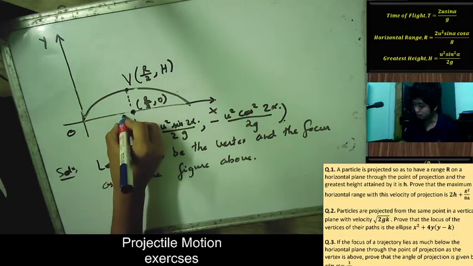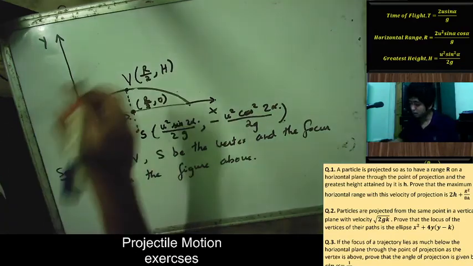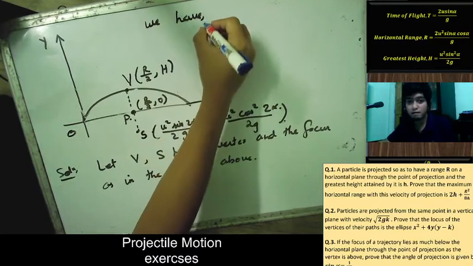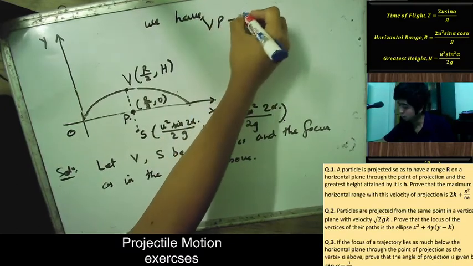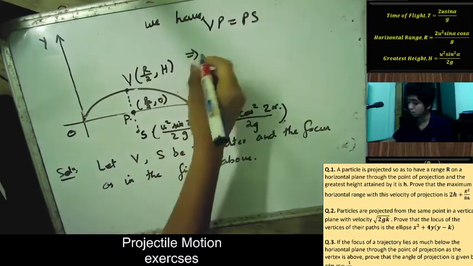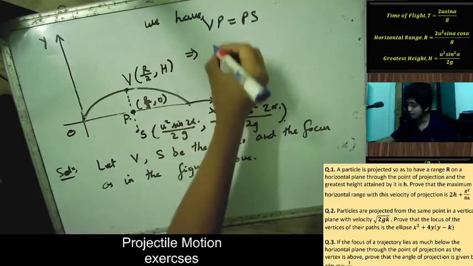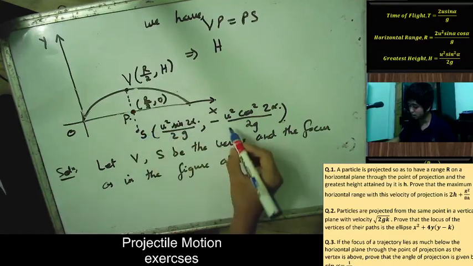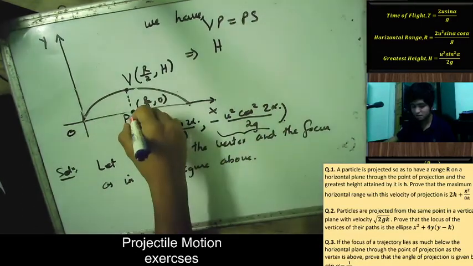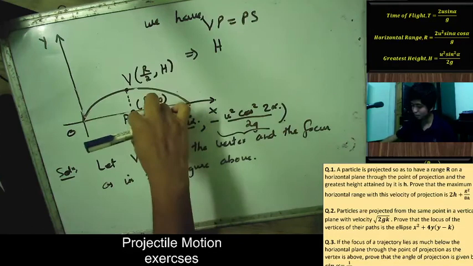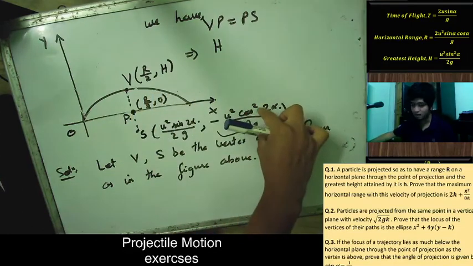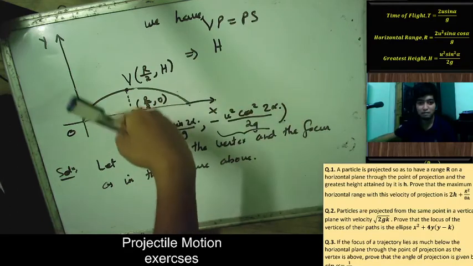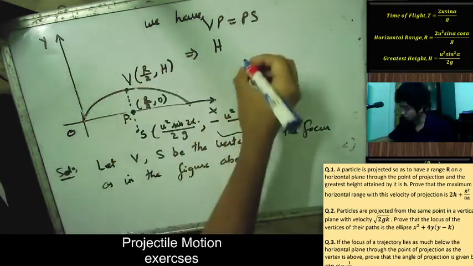This point, let it be P. According to the question, we have VP equal to PS. VP will be the greatest height, h, and PS will be this coordinate, because the distance of this point from S is the y coordinate. But we should take the positive one, because the negative sign won't play a role.